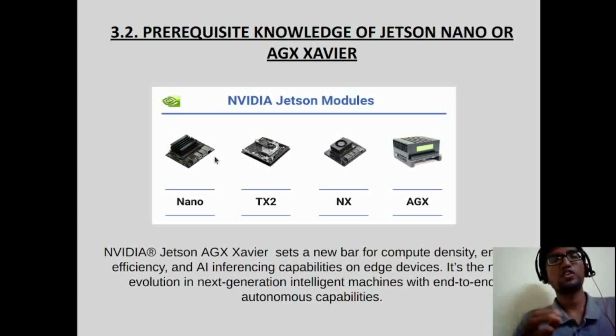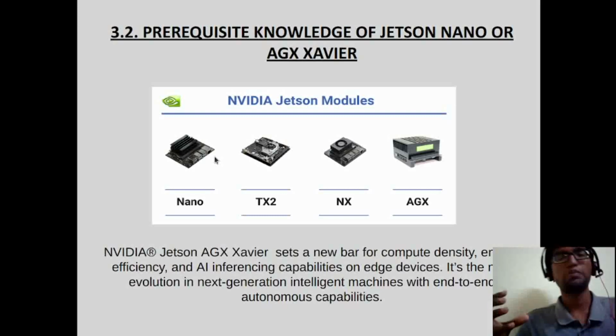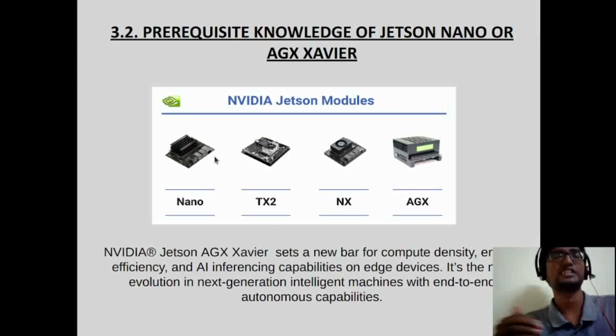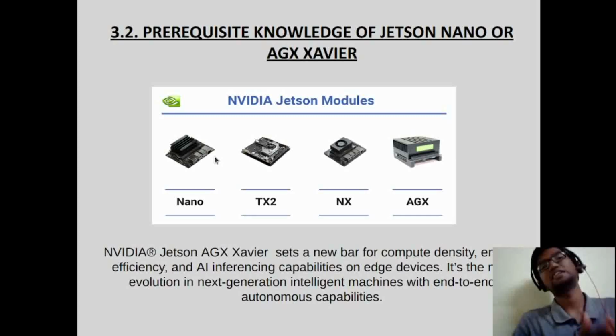We are going to the high-end segmentation process. We are taking the highest memory and GPU power, so we move to AGX. Generally speaking, this project is enough to run on Jetson Nano.